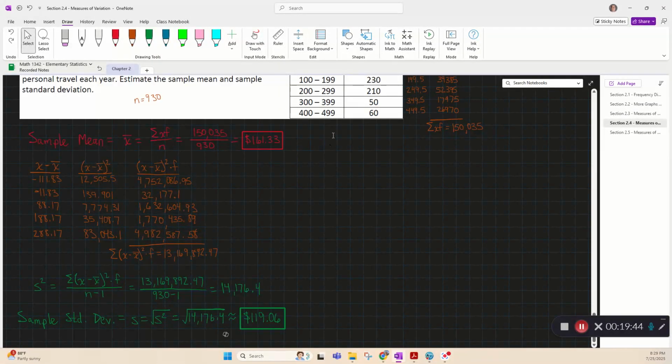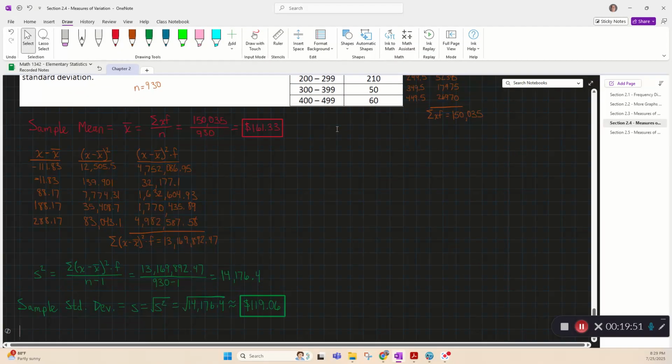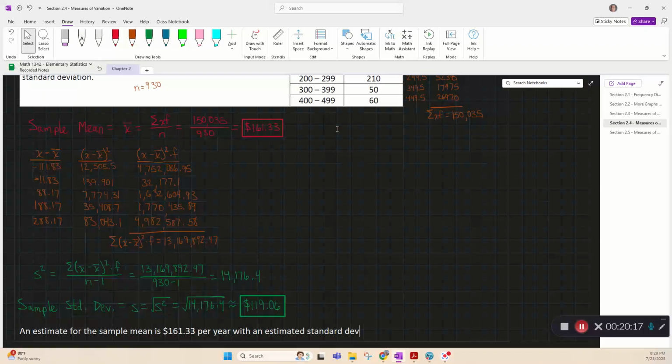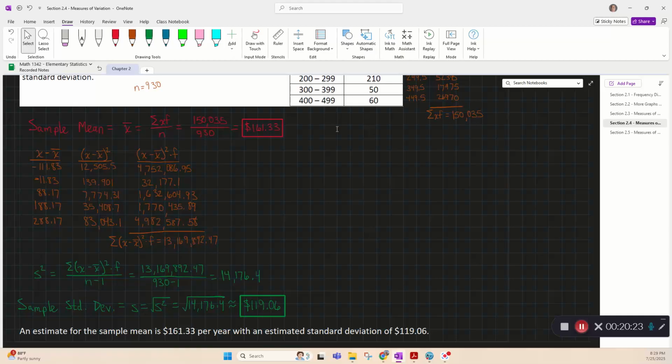So I do like to do a recap on these, just to put everything in one nice, neat sentence. An estimate for the sample mean is $161.33 per year, with an estimated standard deviation of $119.06.